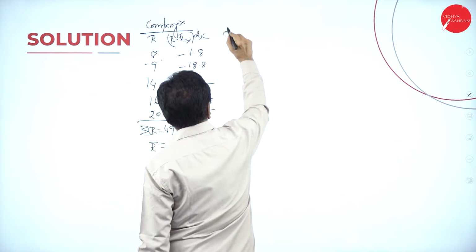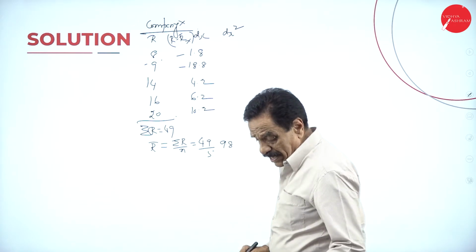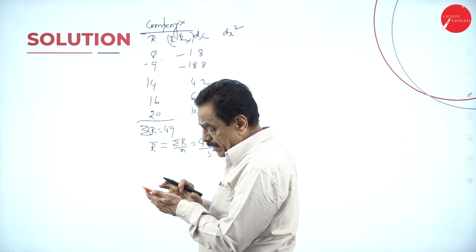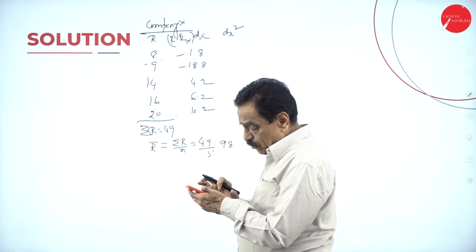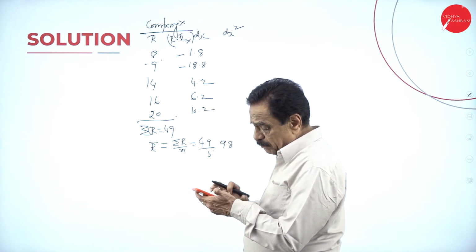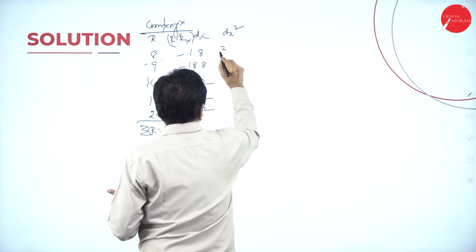Now the square of this. Dx square: 1.8 into 1.8 is 3.24.